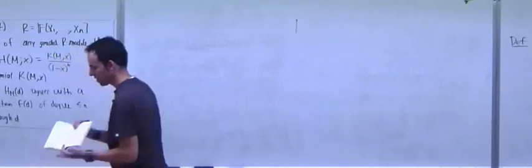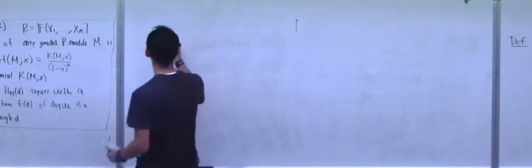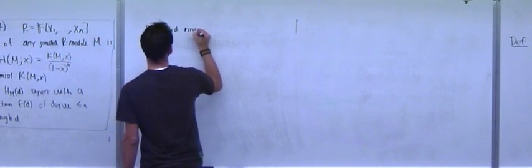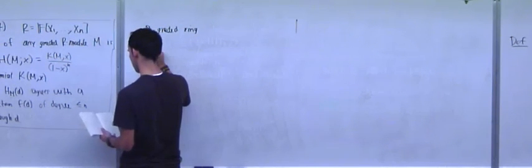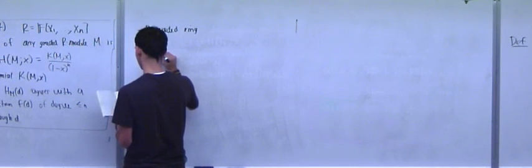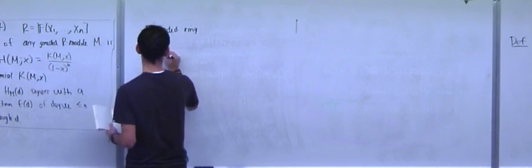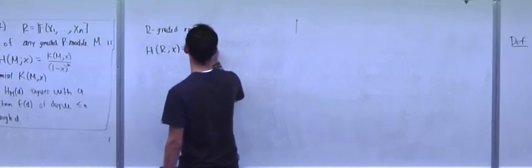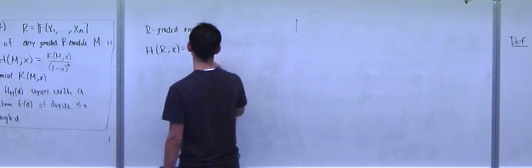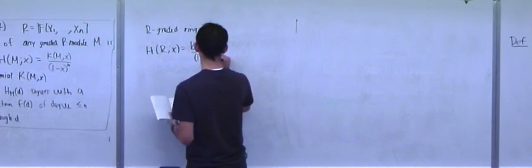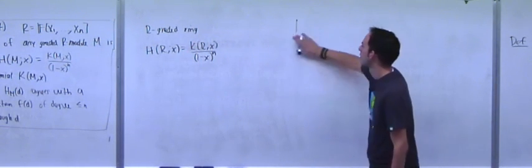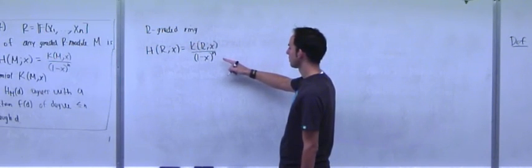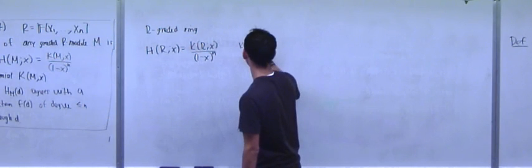So you take a graded ring R, and write the Hilbert series like this. Where this is a polynomial.